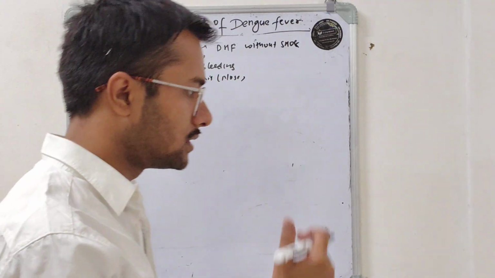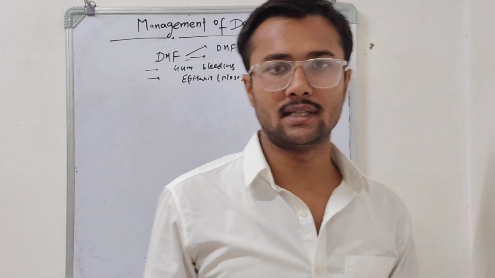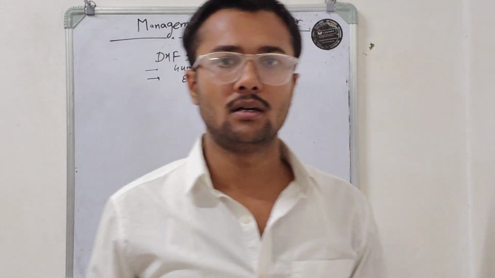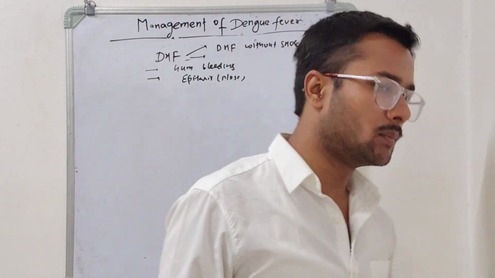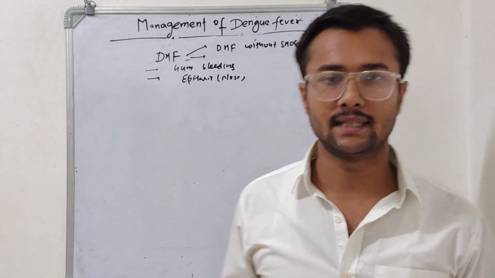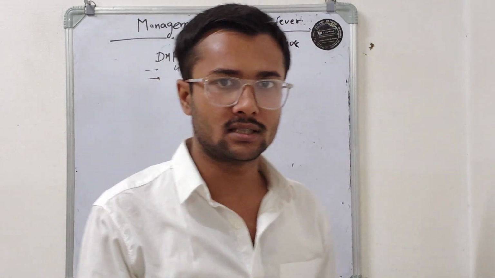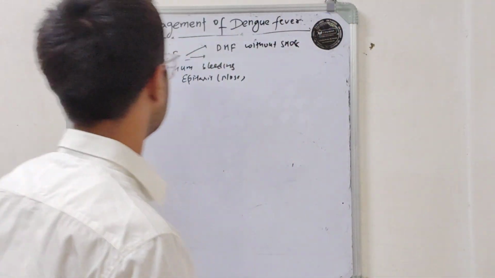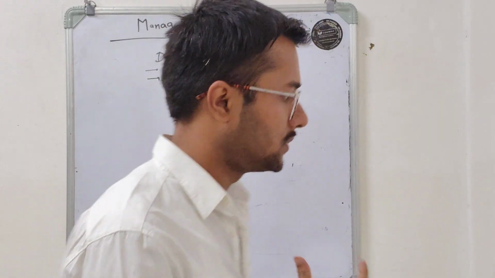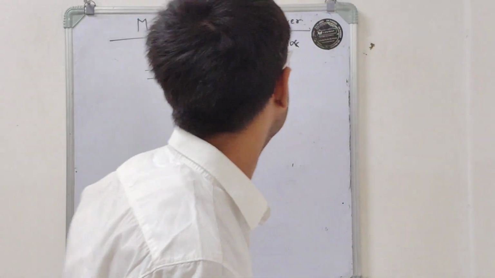Gum bleeding and nose bleeding are not classical for dengue hemorrhagic fever. They may be seen in classical dengue fever, but in most cases they are seen in dengue hemorrhagic fever. That's why I discuss these things here. So these are the clinical findings.